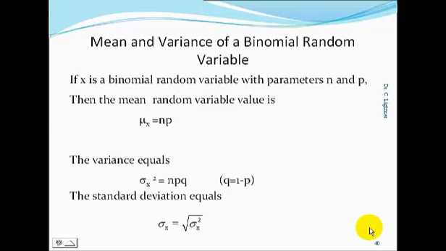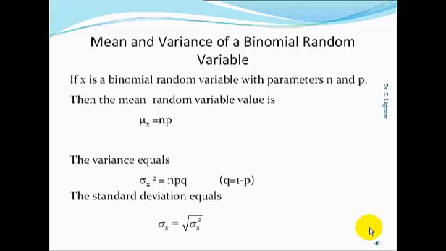With any data set, we are always interested in determining the mean and the variance for the data set. If you know that you have a binomial experiment and a binomial random variable, then it is much easier to compute the mean and the variance for this binomial experiment.